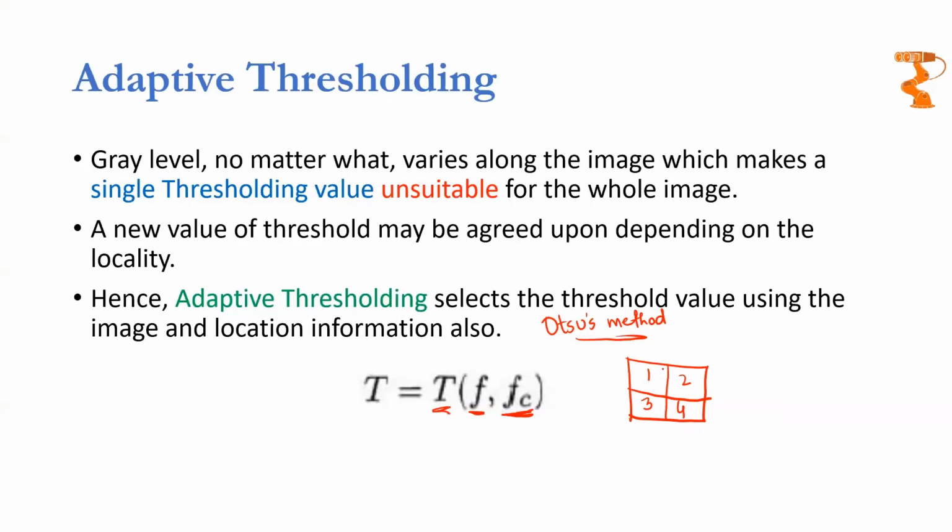Now in the first step, you are going to provide portion number 1. You are going to get one threshold. You are going to use that threshold over here. You know that you cannot use this threshold over here.